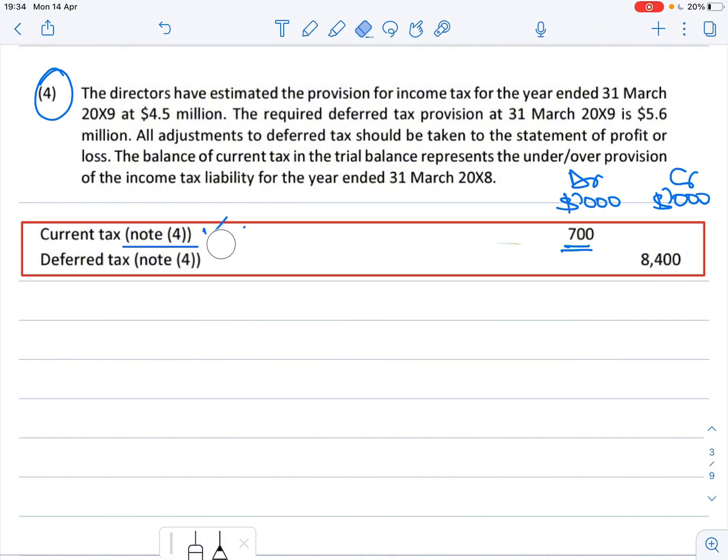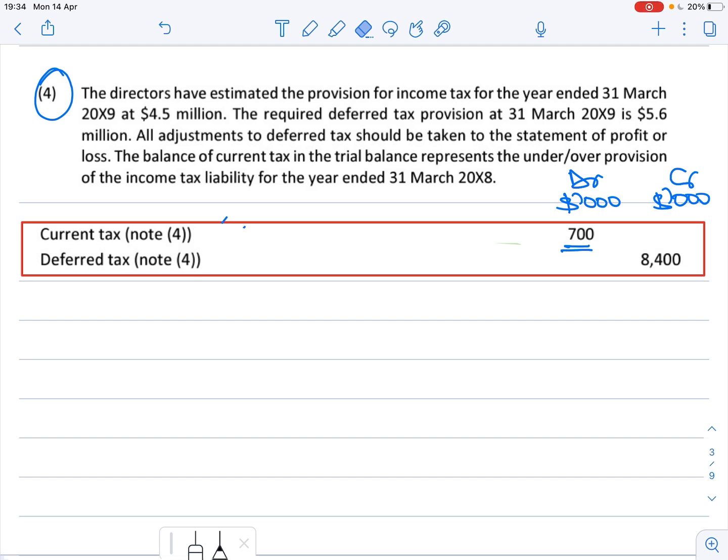What else do I need to show you? Well, in my pro forma, I want to bring out the opening balance and the closing balance that will be recorded in our deferred tax account.